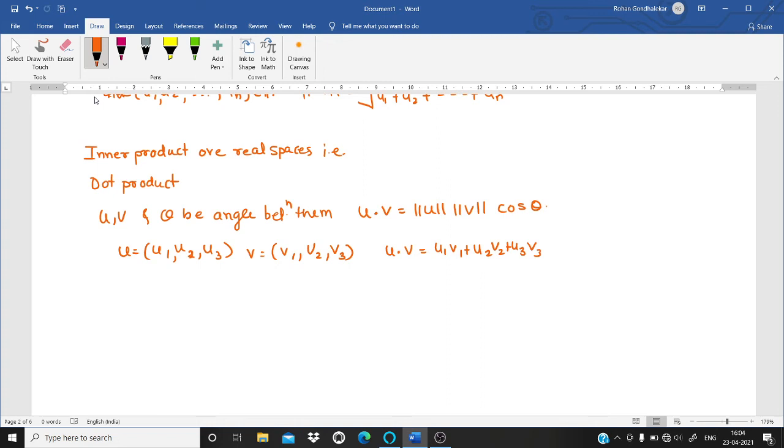So the dot product will be u1 v1 plus u2 v2. Is it? Now from this one can define the angle between two vectors. So hence we have cos theta is equal to u dot v divided by norm u into norm v.